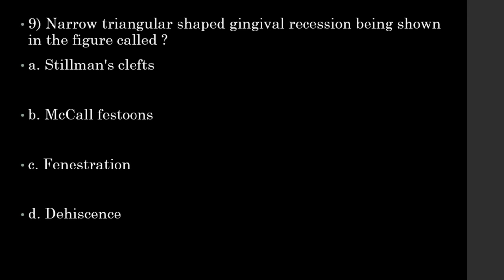So what do you think will be the right answer for this question? You need to focus on certain words given in the question, for example, narrow triangular gingival recession. So what do you think will be the right answer for this particular question?